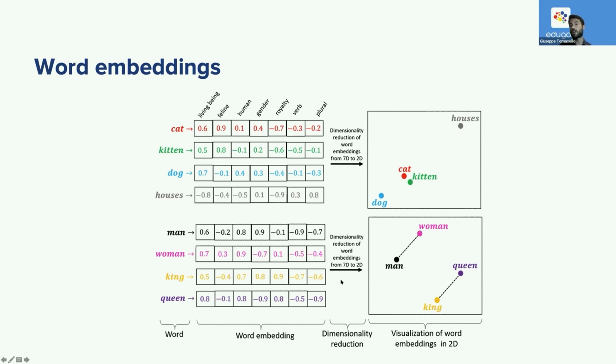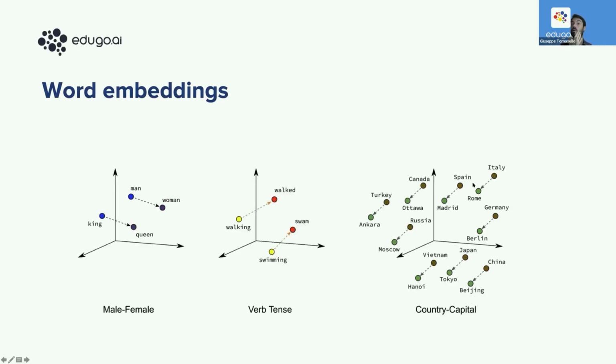But in the graph below, you can see another set of words: man, woman, king, and queen. When we do dimensionality reduction, we can see man and woman are at the same distance as king and queen, which is really interesting, because the system is also understanding the relationships between words.